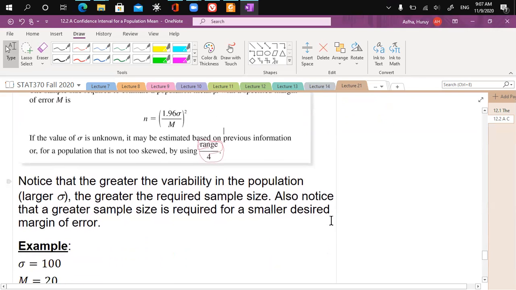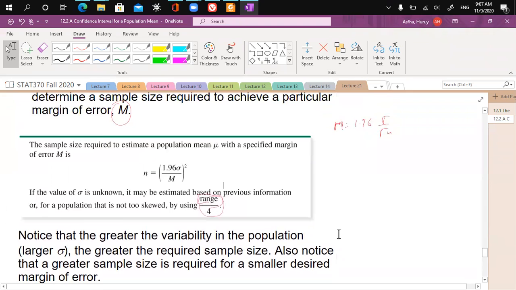Here, in order to achieve a smaller margin of error, as you can see, n and m have an inverse relationship. So if n goes up, m will go down. The margin of error will decrease, and that's what we want. And as n goes down, m goes up.